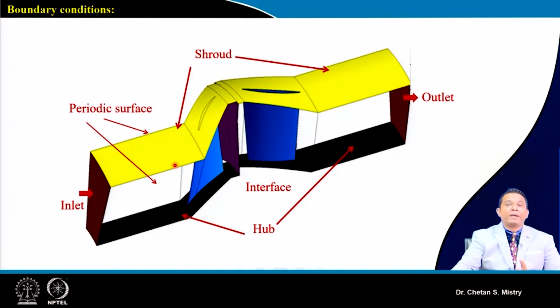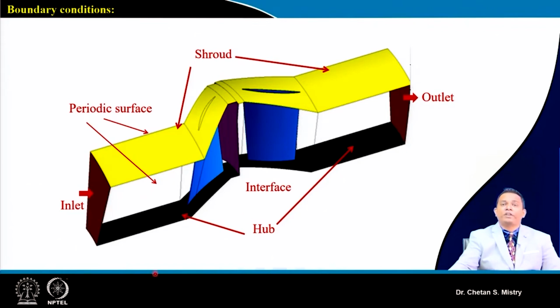Many times, based on the application where we are using this fan, people consider the inlet domain. So this is my inlet domain. In the same way, we have the outlet domain. This surface represents my outlet configuration.